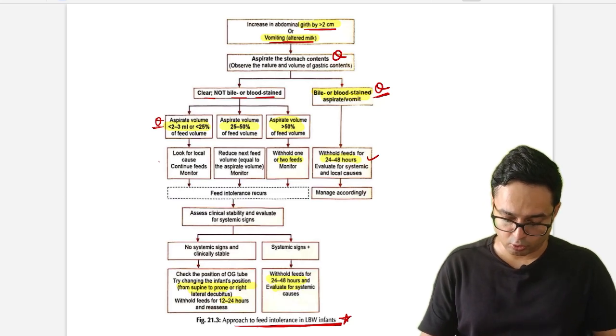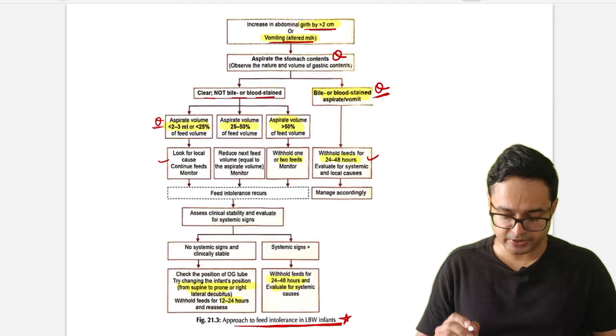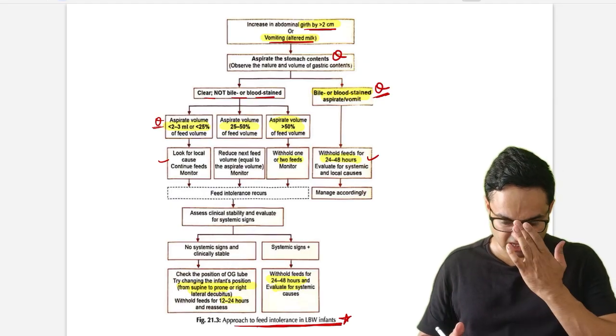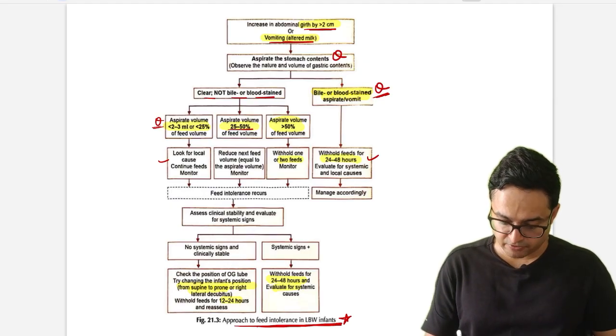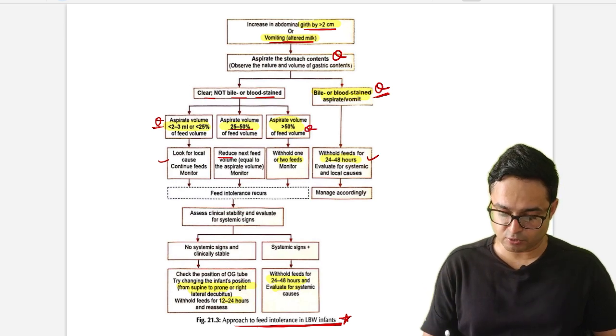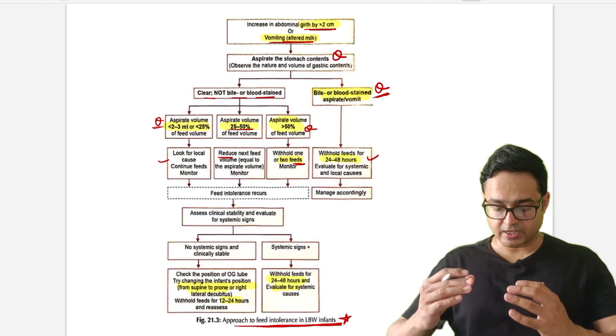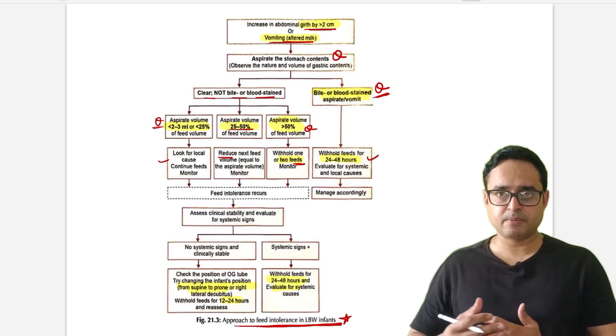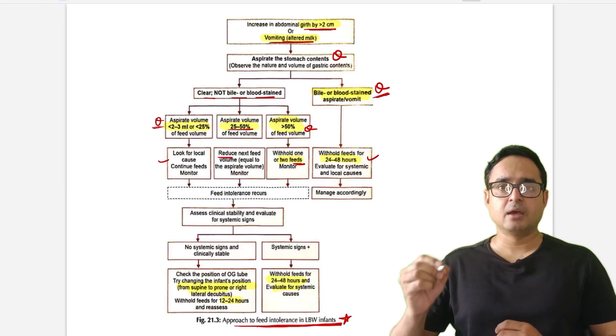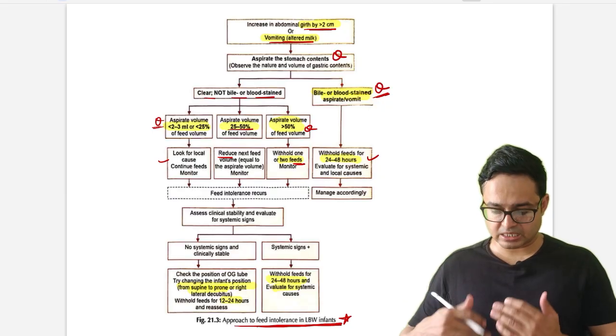Just look for a local cause, continue feeding, and monitor. If the aspirate volume is 25 to 50% of feed volume, you have to reduce feed, and if the aspirate volume is more than 50%, withhold two feeds. Any clinical scenario can be made: if the aspirate volume is more than 50%, what will we do: stop feeding, reduce feeding, or skip two feeds?